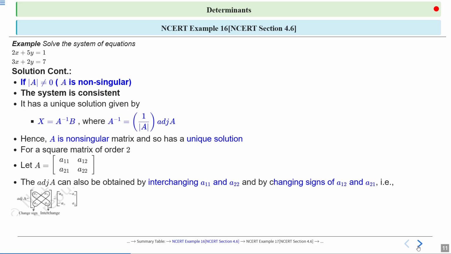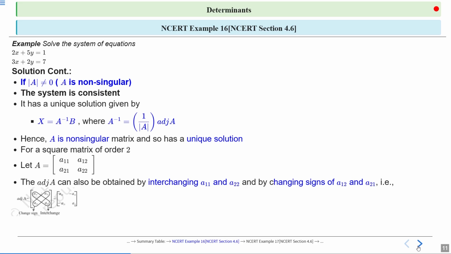Here, the matrix is A11, A12, A21, A22. To get adjoint of A, we just need to interchange the positions of A11 and A22. So now, in the position of A11, there is A22, and in place of A22, there is A11.